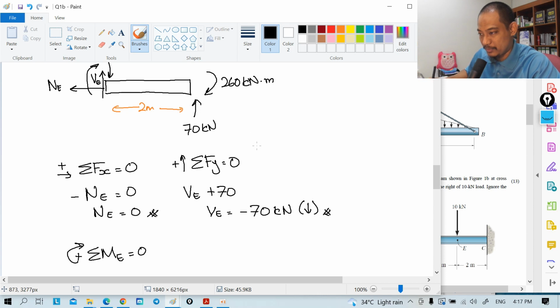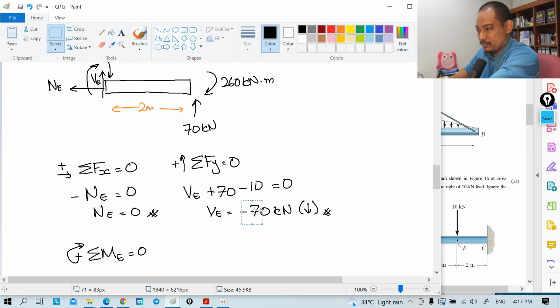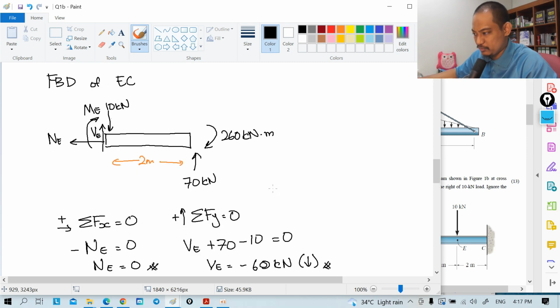So you should have minus 10 here, to 0. So in this case, this will become 60. So it's minus 60 kilonewton.